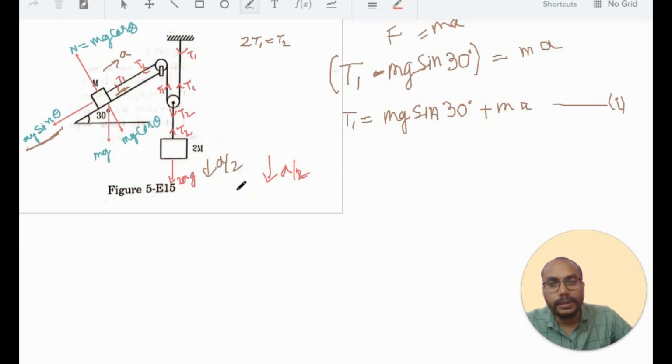So we can consider the downward force as positive and the upward force as negative. The forces along the acceleration will be positive. So we can write twice mg minus T2, which is the total force acting on the mass twice m.